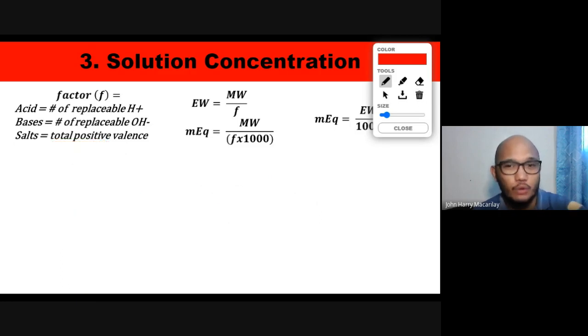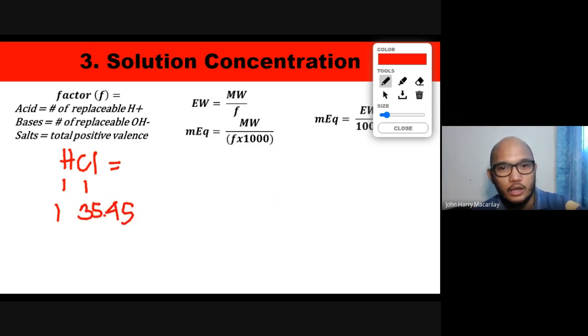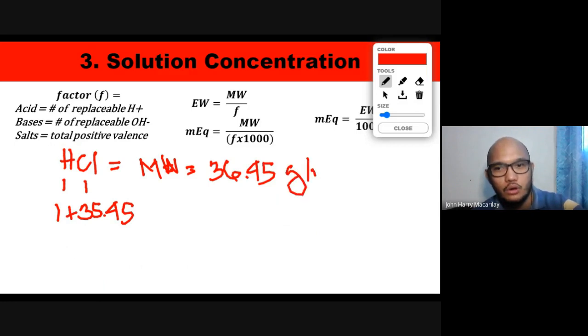For computing the equivalent weight or the MEQ, so for example, hydrochloric acid, so HCl, its molecular weight is hydrogen is 1, then 35.45. So molecular weight is 36.45. So the unit is grams per mole.